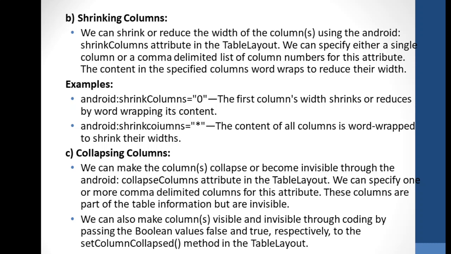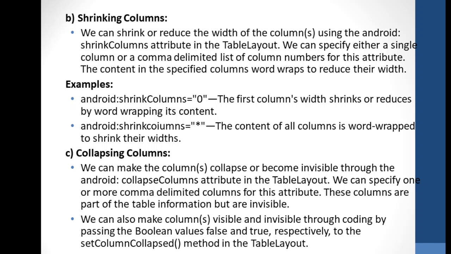For example, I am placing the attribute and the description over here in a table. The table attribute should be android colon a particular attribute name, which may be shrinkColumns only. For example, I have taken shrinkColumns only, android:shrinkColumns.